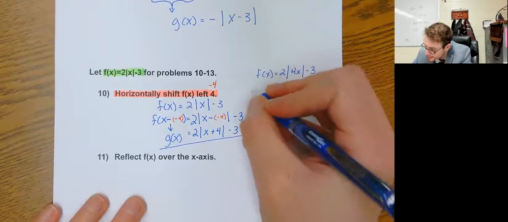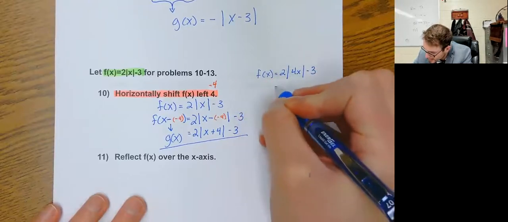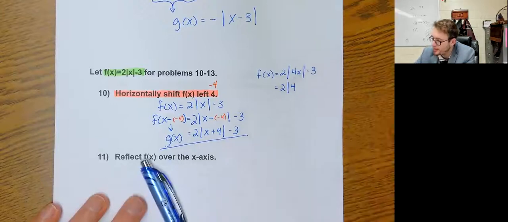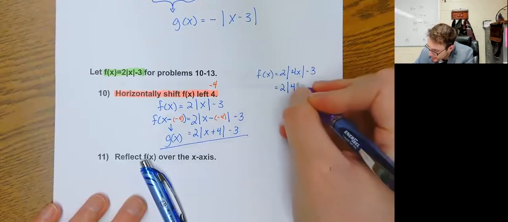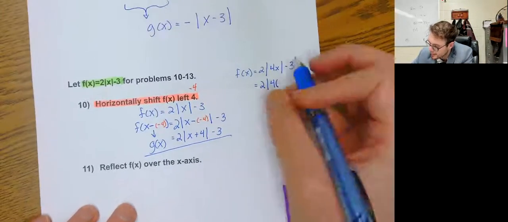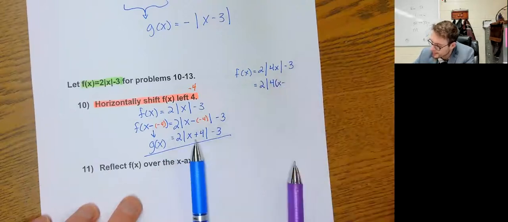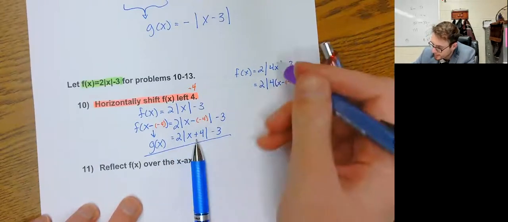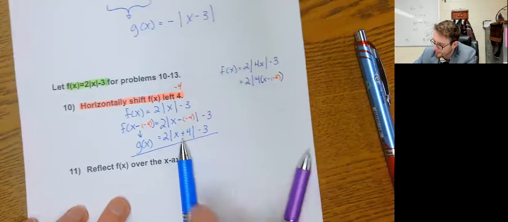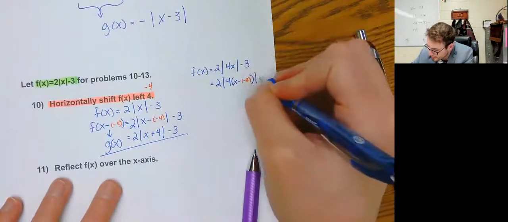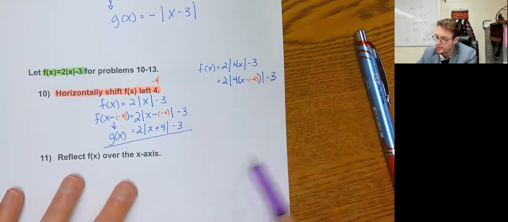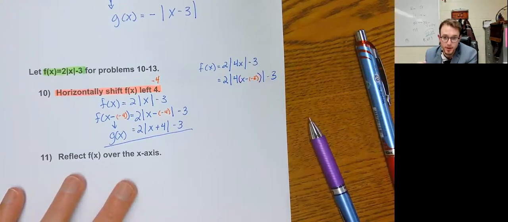So if I was going to do this same transformation, I would have to put parentheses around the x minus -3, because it's very important that what we're doing to the input is happening just to the input.